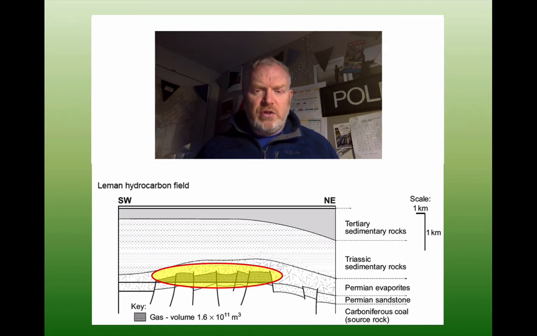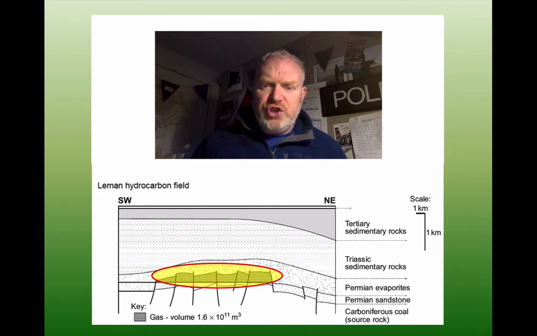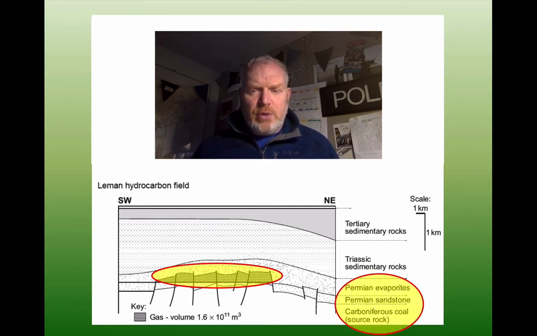Notice as well the horizontal scale here. This anticlinal structure is huge, 10, 15 kilometers across here. The geology as well is almost perfect. We've got a cap rock here of evaporites. Evaporites are impermeable.